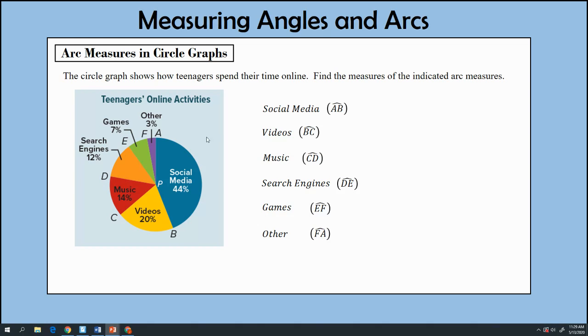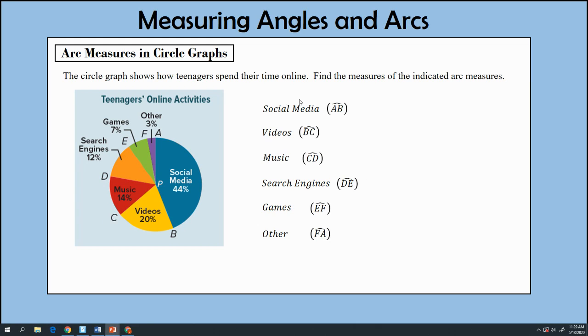The social media is this arc AB. It's a minor arc AB, and it relates to central angle APB. The video section here is represented by arc CB, and it relates to the central angle BPC, and so forth as I work around here.